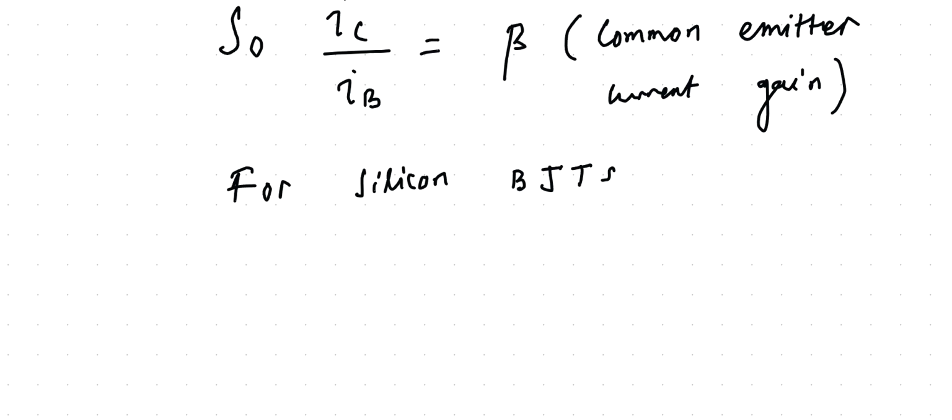This beta is approximately of the order of 100. So the collector current is 100 times the base current, but it depends upon the structure of the transistor and also the doping profile of each region. Normally these are optimized for high gain and application purposes in electronic circuits.